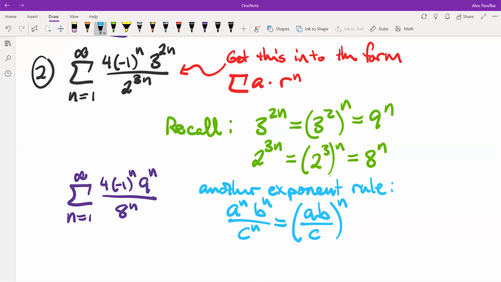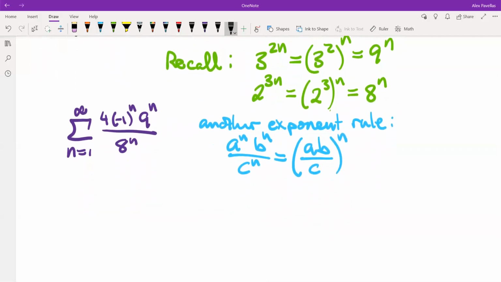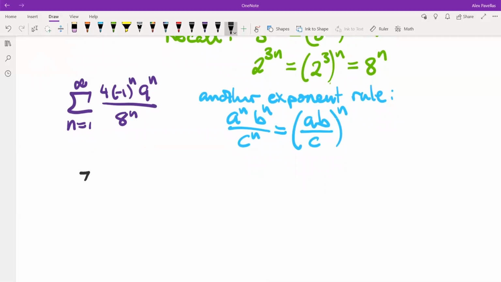As long as they all have the same exponent, when you multiply them, you can group them as all of that stuff raised to the n. So you can see the only thing not being raised to the n here is the 4. And so our sum simplifies to, and goes from 1 to infinity, we have 4 times negative 1 to the n, 9 to the n over 8 to the n, that's negative 9 over 8 raised to the n.